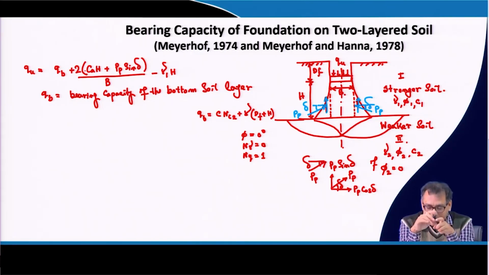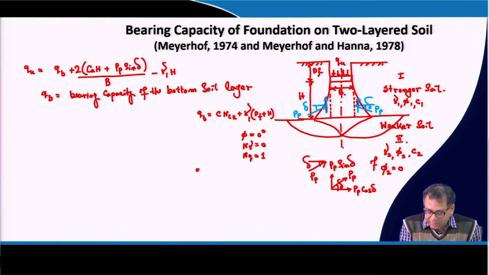That is why this is gamma 1, because it is in the first layer, and D F plus H. So, it is recommended that you subtract gamma 1 H, because we have already taken this H term into the resistance calculation. So, it is recommended to neglect the H term when you calculate the bearing capacity for the bottom layer, and that is why we are neglecting this gamma 1 H.